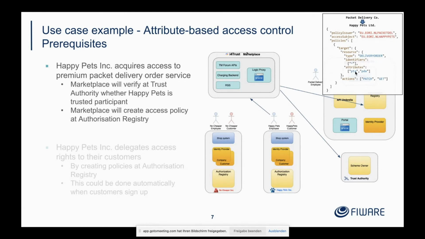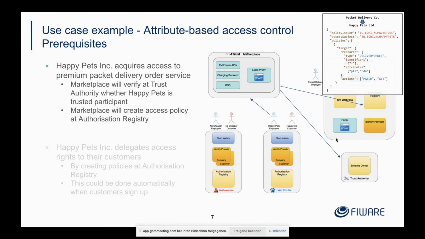For these different parameters, access would be allowed to entities of the type delivery order on any entity IDs, and in this example only certain attributes, let's say the planned time of arrival and the planned day of arrival, this PTA and PDA, and to perform actions of type patch and get. Especially changing delivery orders would mean to allow this patch access.